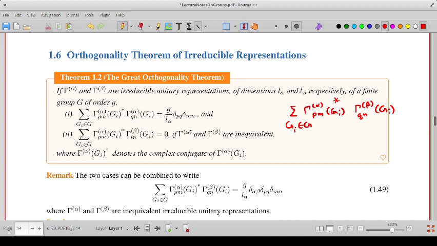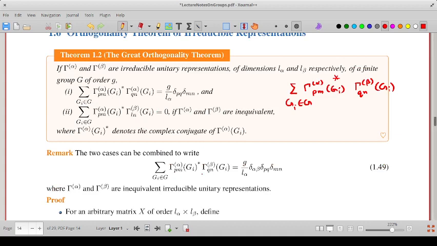So if these two are the same irreducible representation, then this quantity is equal to G by L alpha times delta PQ times delta MN. And if gamma alpha and gamma beta are inequivalent, then this quantity is equal to 0.